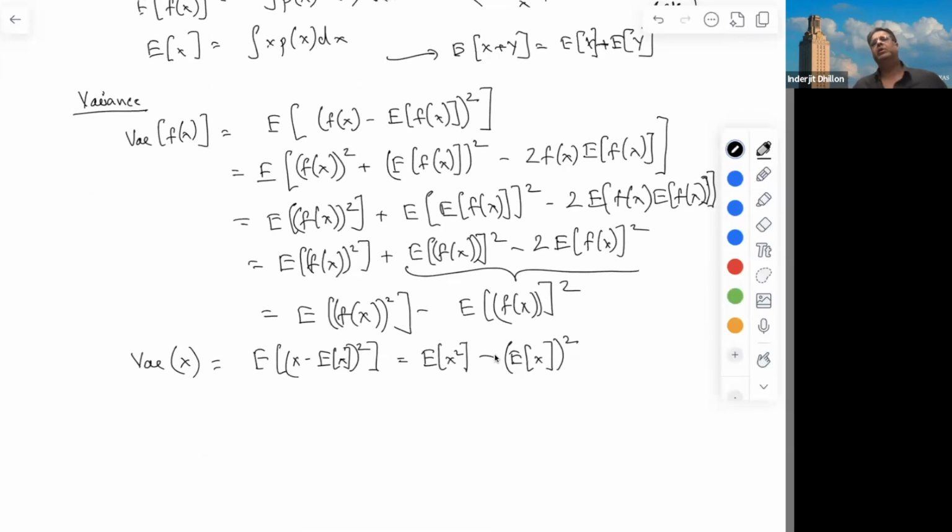In addition to variance, when we have two or more random variables, and in particular, for example, a two-dimensional random variable or a d-dimensional random variable, another thing that comes up is the covariance.